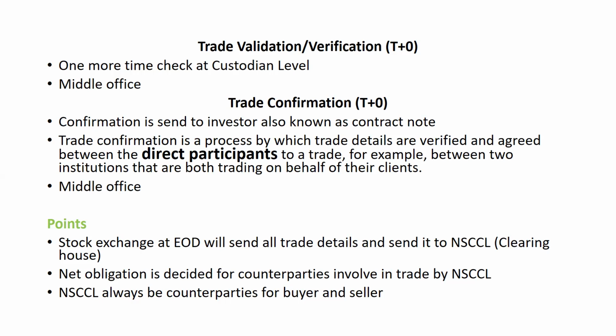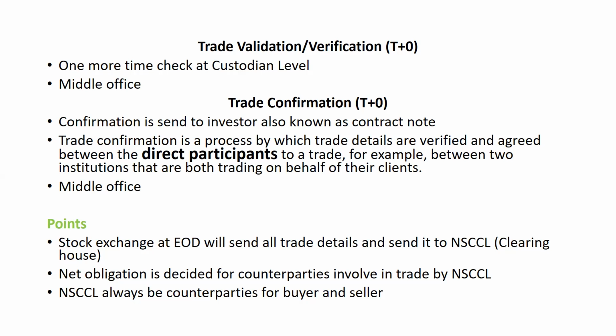For that, the confirmation is sent to the investors, also known as a contract note. The contract note is generated by the broker and contains all the information of the trade, like the name of the security, such as TCS or Infosys, the ISIN (international security identification number), quantity, price, and the amount of charges applied.